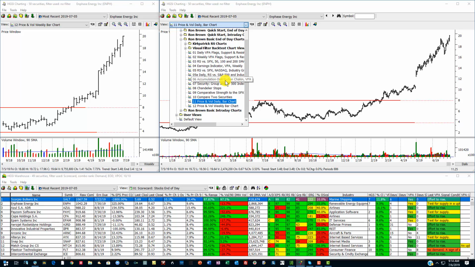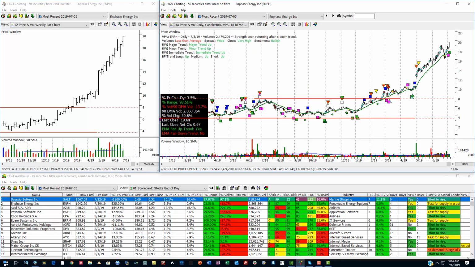Also, if I move up to my quick start end of day charts, go to chart number 4. You can see the plain white chart with the same background, and I'm not exactly sure how this works, so I'm not going to say, but these trend lines are going to be on here automatically.